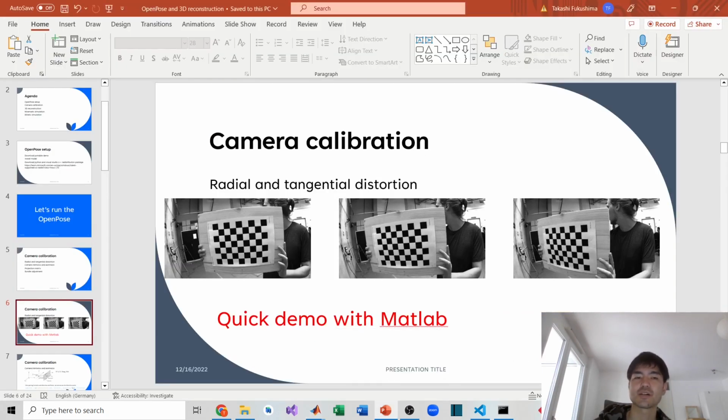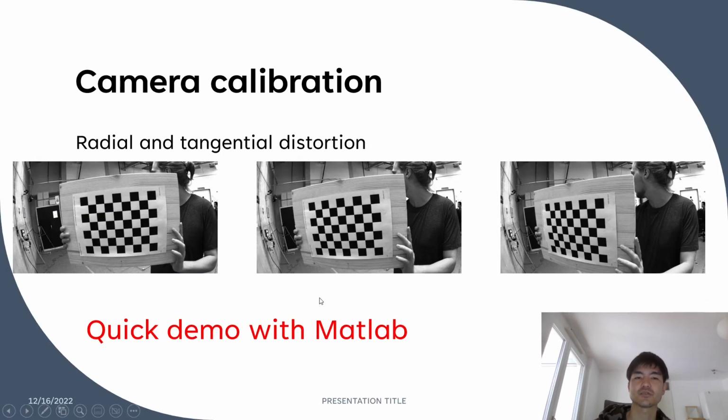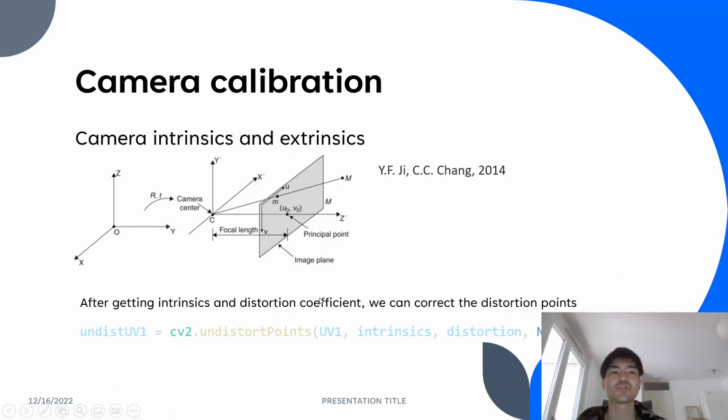So we came back to the presentation slide, and the next point is camera intrinsics and extrinsics. Camera intrinsics are basically the parameters that sit inside the camera, and the parameters you want to know are, first, the focal length.